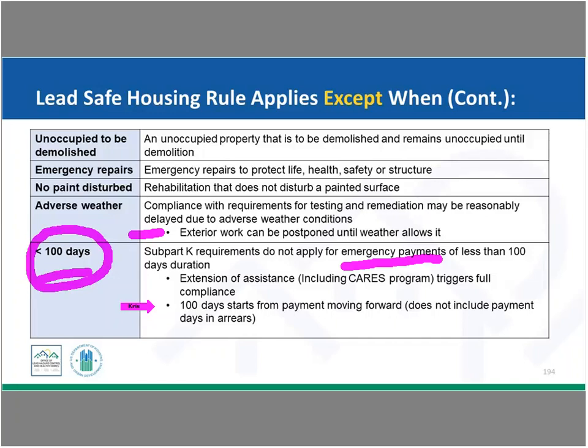So if you have a renter who is maybe, I'll do my trainer math here, maybe we have 150 days of arrears where they haven't paid, and then we have 50 days moving forward. If we pay for the 150 days of arrears, then our 100-day clock starts at that date of payment, okay? All right, so that's the exemption.